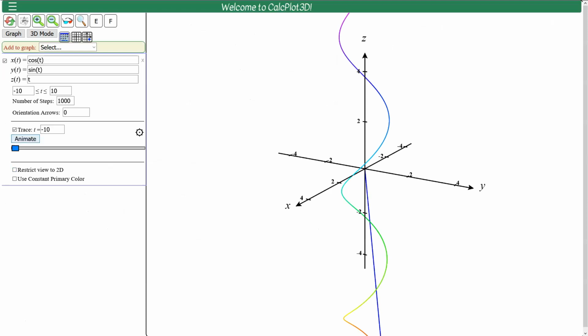Okay, so here it is. Let's take a look. Now, I'm not going to put the frame in just yet. What we'll see here is just the position vector as it moves along the curve. I think we've seen this before, so there it goes. Let me speed it up just a little bit.